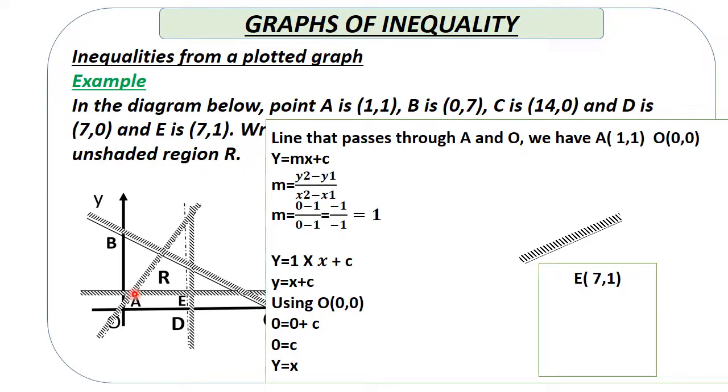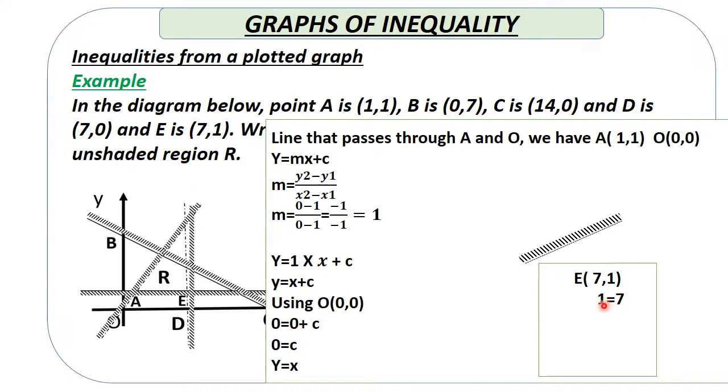I could not pick A because this is where the line is passing. I want the point that is on the same side, like this region, E, D, or anything. So E is 7, 1. So I'm going to plug in here. So y is 1 and x is 7. If I look at 1 and 7, of course I need to replace this.